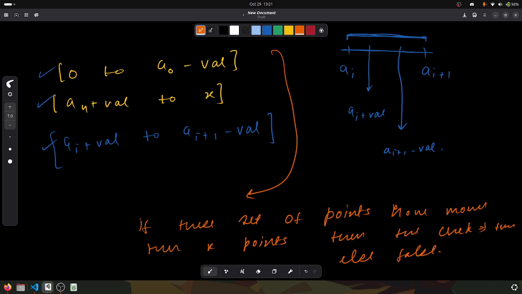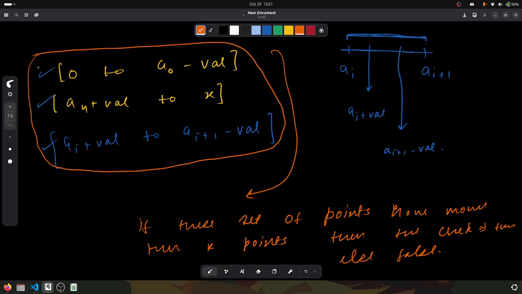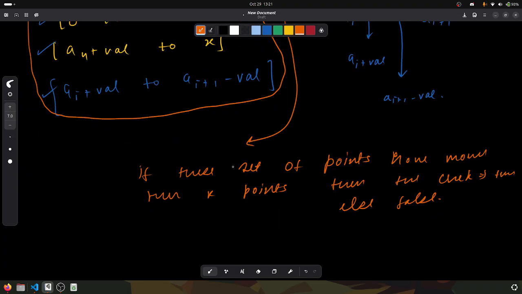Basically, if there are more than k points in this set, then obviously we can select any k out of those, and that will be a possible arrangement for the minimum distance to be greater than or equal to val. Val is basically what we are writing the check function for.